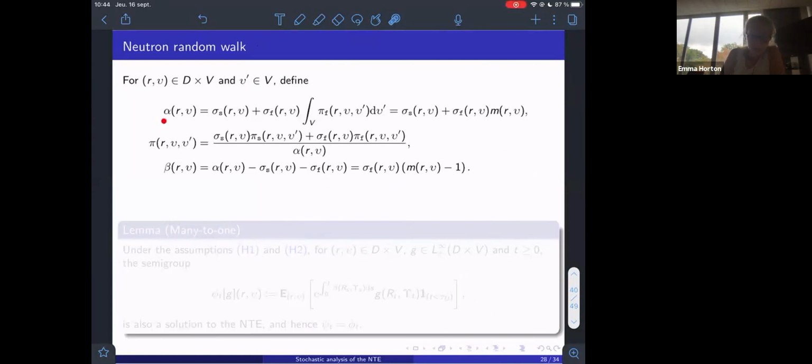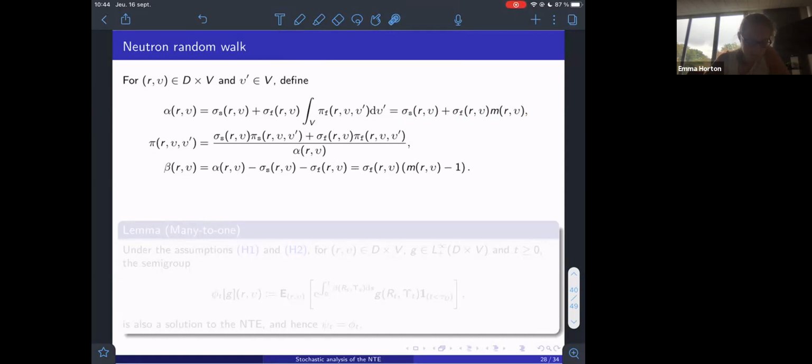So what this means is that the rate alpha should be equal to the total rate of something happening in the branching process. So whenever there's a scatter or whenever there's a fission, for any of it I take the total mass or the average of the fission event, the branching event. And so this should describe the rate at which anything happens in the branching process.